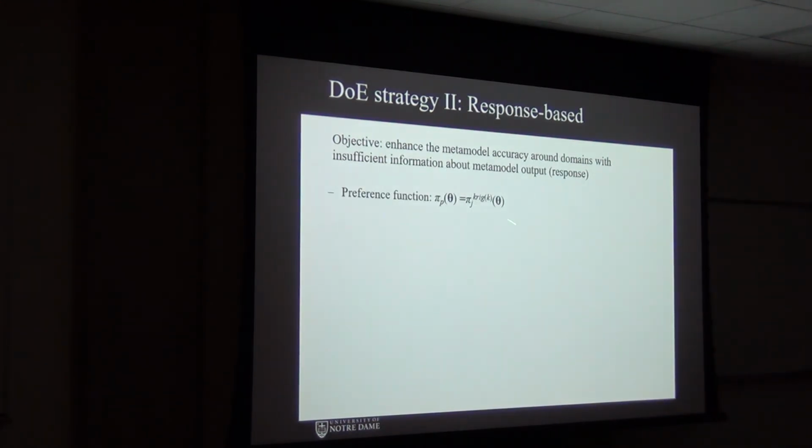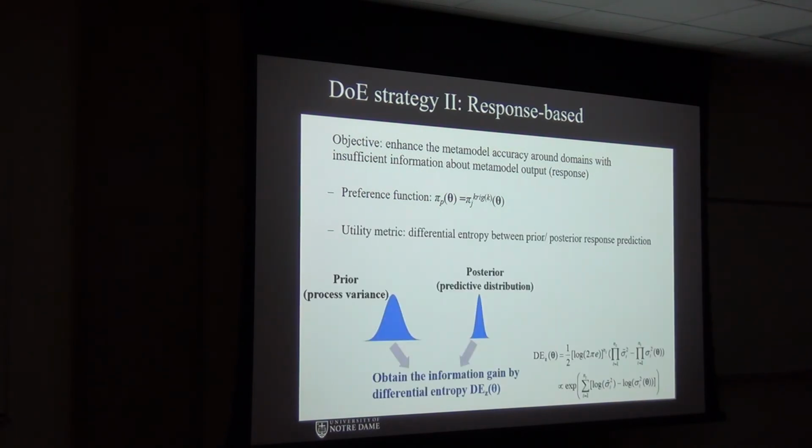So in this case, your preference function is going to be the intermediate densities, and our utility metric is going to be the differential entropy between the prior and posterior predictive characteristic of your emulator. Pretty much, a low value for this means you have a domain where you haven't yet extracted enough information from your experiments to change your predictions.